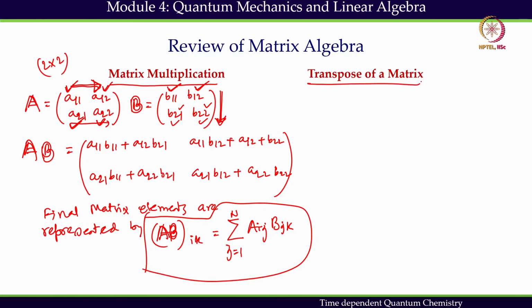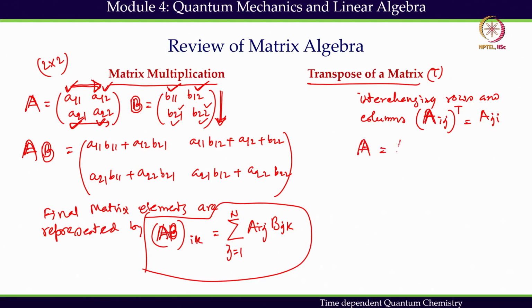The transpose of a matrix is obtained by interchanging rows and columns. So if I have A ij and I take the transpose, expressed by T, then this is going to be A ji.